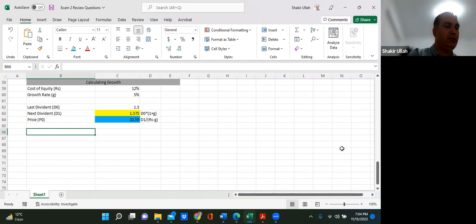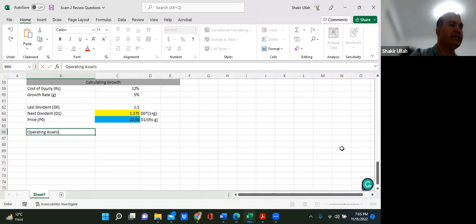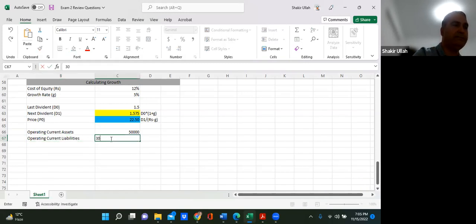Let's say that the problem gives you $5,000 in operating current assets, and operating current liabilities, let's say that is 3,000.